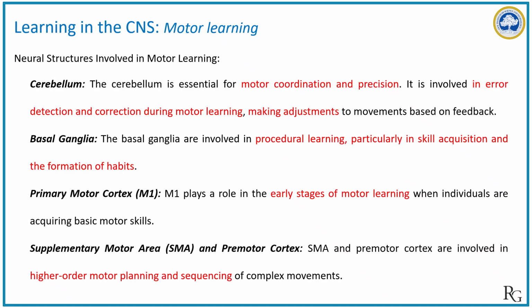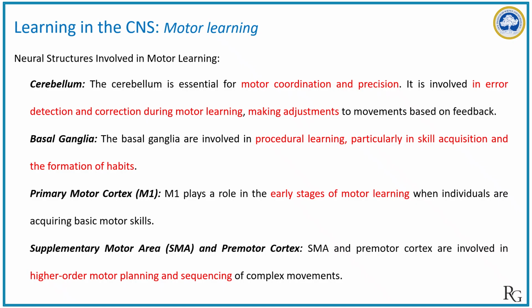For example, planning a sequence of reaching, grasping, and lifting an object. The primary motor cortex along with the supplementary motor area and the premotor cortex will be involved in these activities.